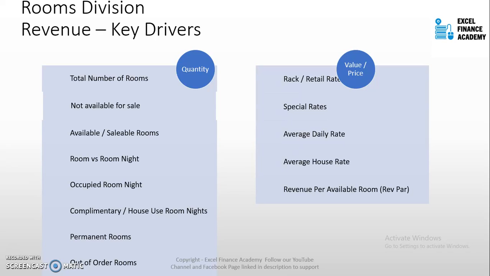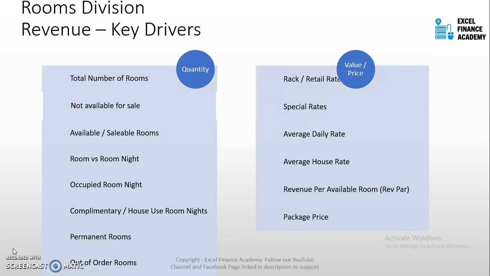The better way of comparing is RevPAR, which is a combination of occupancy and ADR. It is calculated by room revenue divided by the total available rooms, not by occupied room nights. Another way is the occupancy percentage multiplied by the average daily rate. So there are two ways to calculate it very quickly. We're going to be learning about those terms in future.